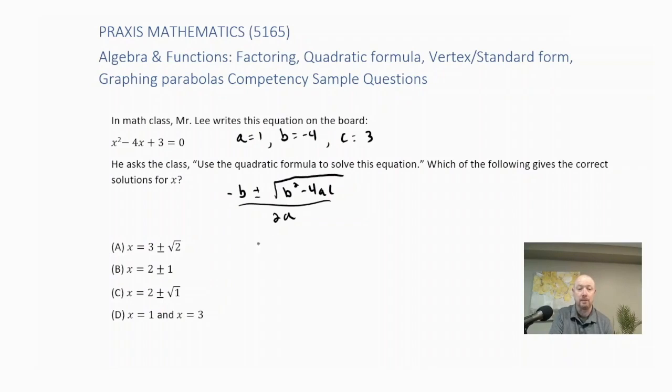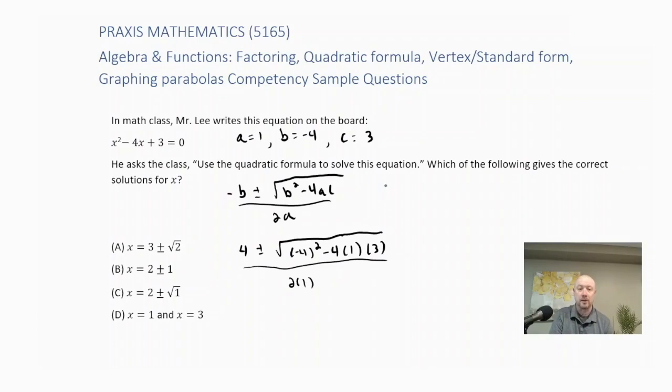So we're going to plug this into the quadratic formula. The opposite of b would be 4, plus or minus the square root of (-4) squared minus 4 times 1 times 3 when I plug in a and c, all divided by 2 times a, so 2 times 1.